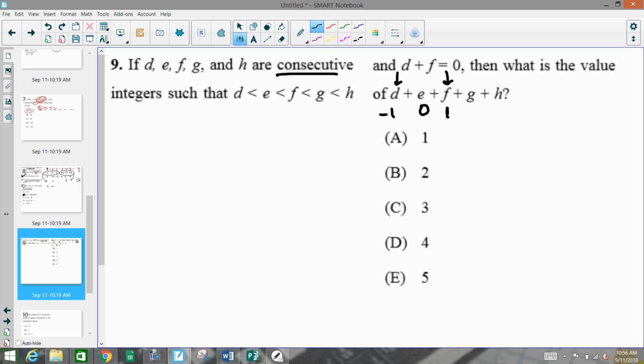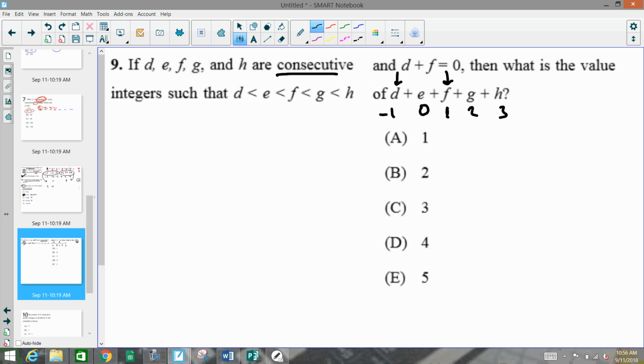Let's check. B plus F is equal to 0. Guys, does that work? B and F, -1, +1. That works, right? 0. And what is next? Next numbers, G and H. G is going to be 2, H is going to be 3.